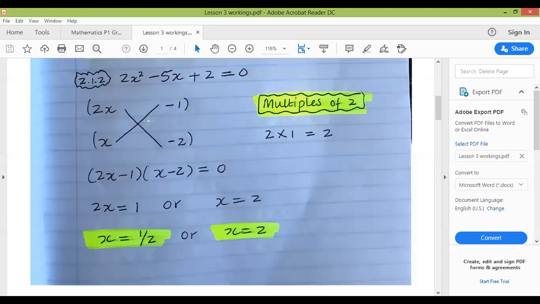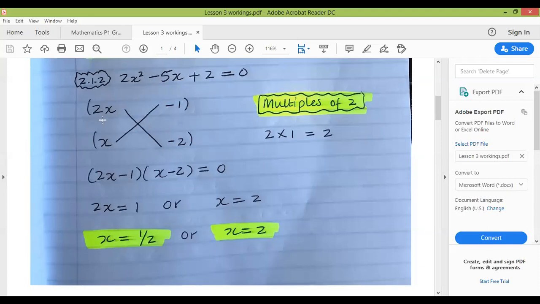So what we need to do here, we said 2x multiplied. So we go down and up. I'll say 2x multiplied by negative 2. That's negative 4. Then you need to ask yourself, must I plus or minus the 1? You have to minus the 1, because you're looking for negative 5.